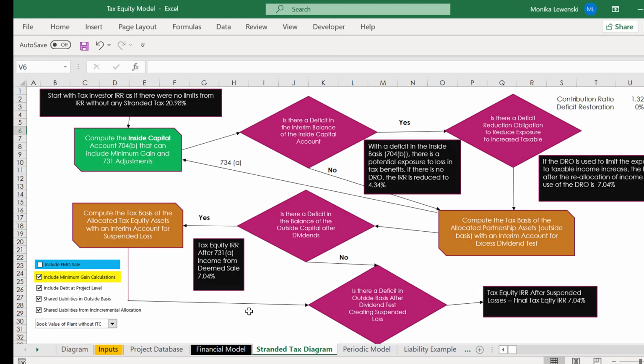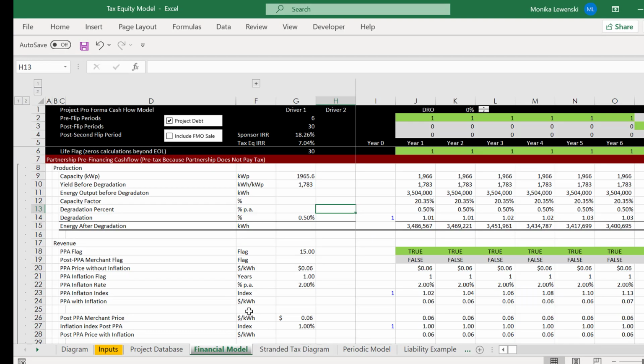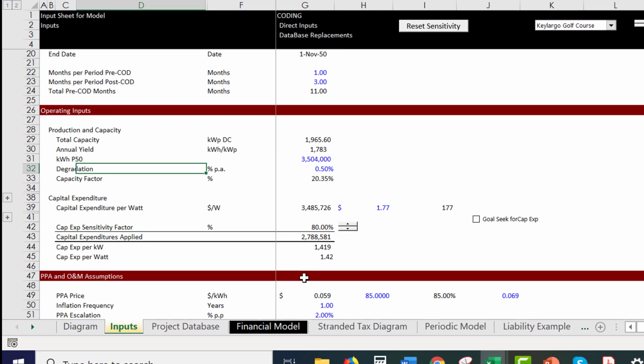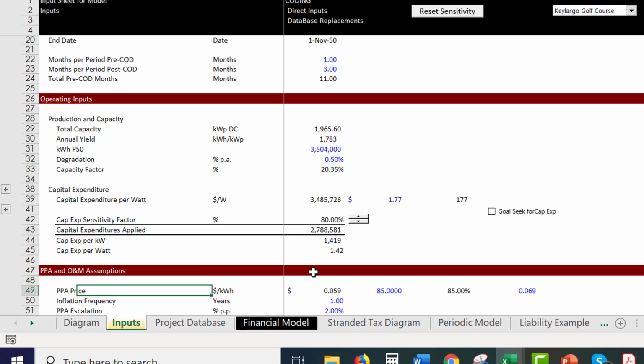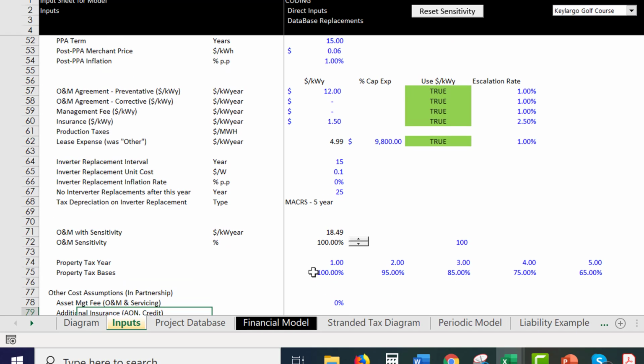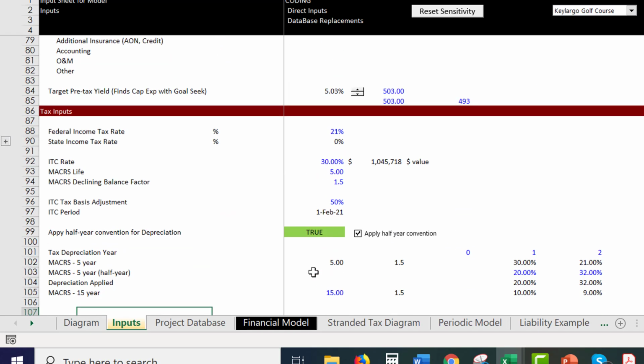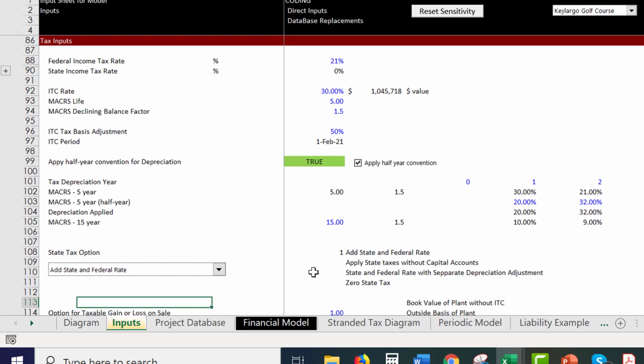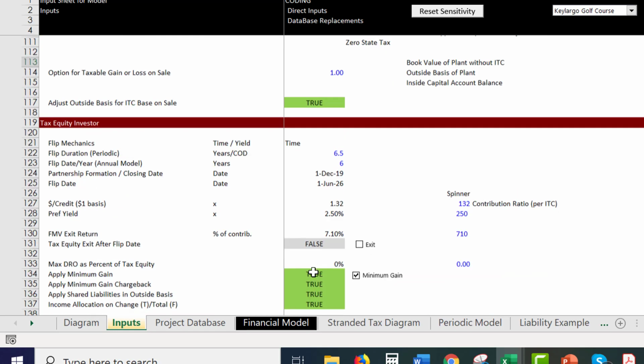Now, these diagrams all correspond. I have some inputs here. We start the inputs with the operating analysis, and then we put some with the production and capacity, and then we put some solar aspects into this, and then we just compute the taxes, forgetting all the distribution of the taxes to one party or the other.